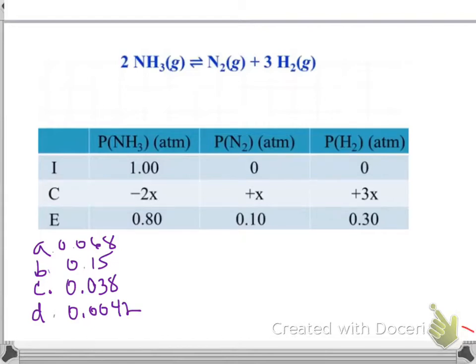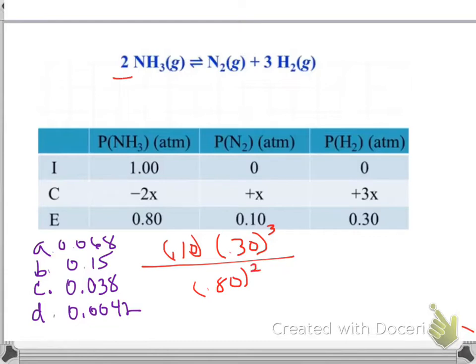Okay, so I had the pressure of N2, and that was 0.10, and the pressure of H2, which was 0.3, and that was raised to the third because that's its coefficient in the balanced equation, over the pressure of NH3, which was 0.8, and that is squared because it's got a 2 in the coefficient, and this is going to be my Kp.